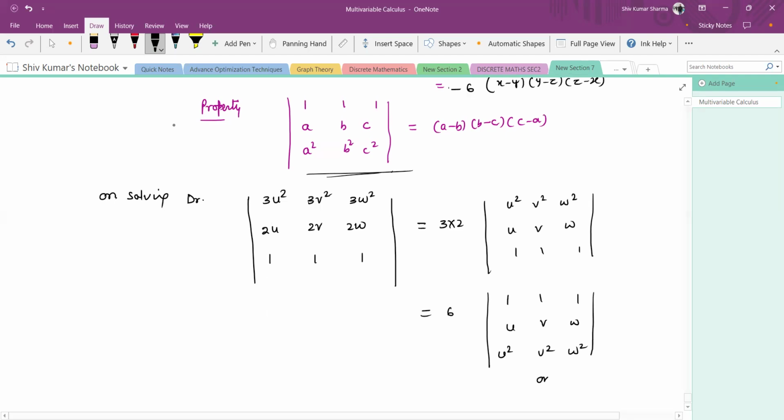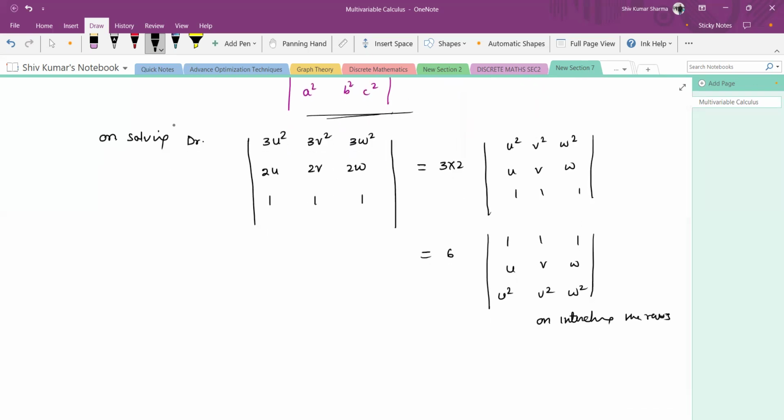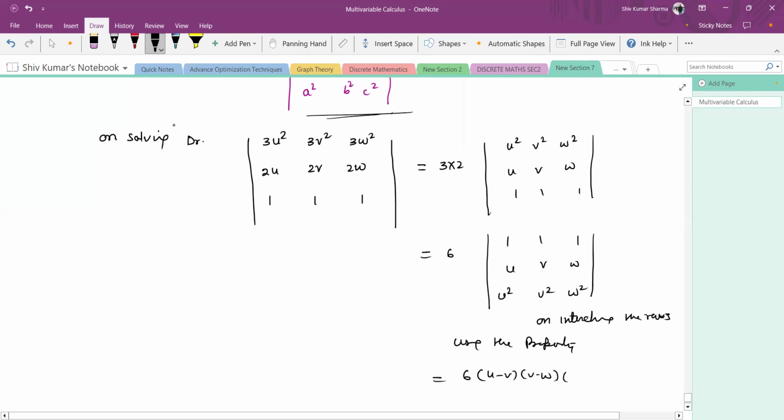A similar property we also use, so the value of this is also u minus v, v minus w, and w minus u.